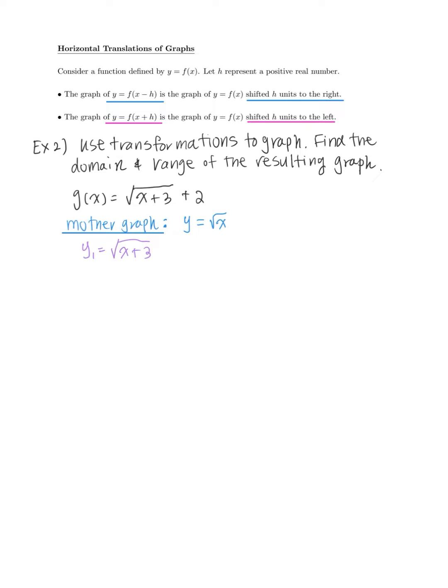So we take the mother graph, and then we're going to shift that graph 3 units to the left. All right, so let me write that out. So shift y 3 units to the left.